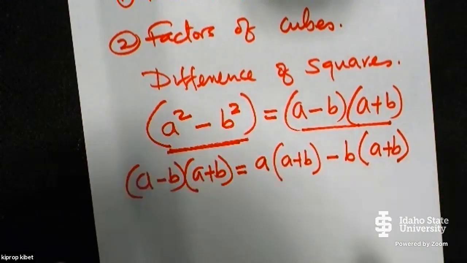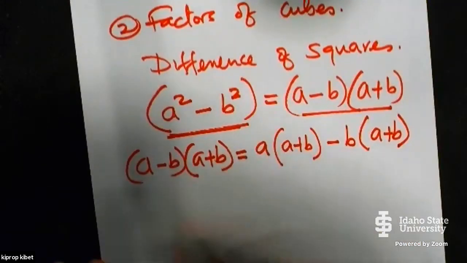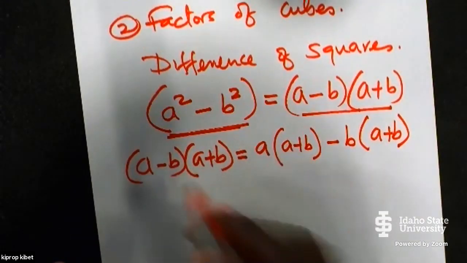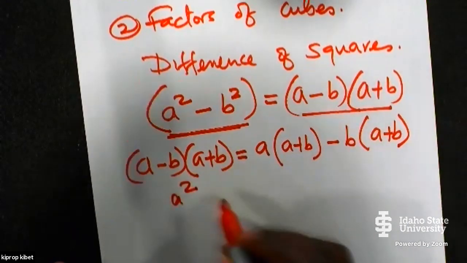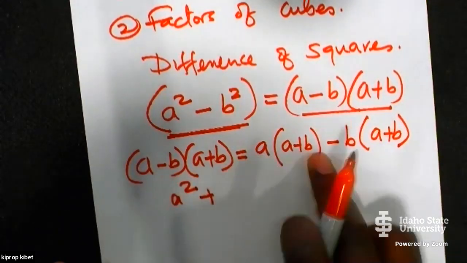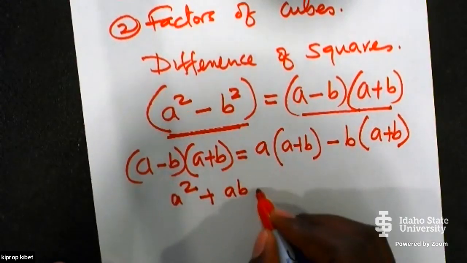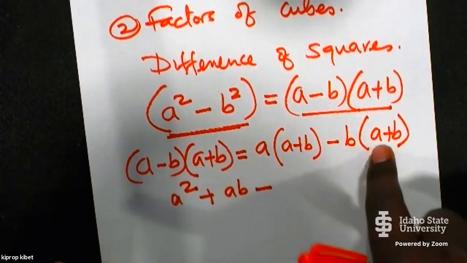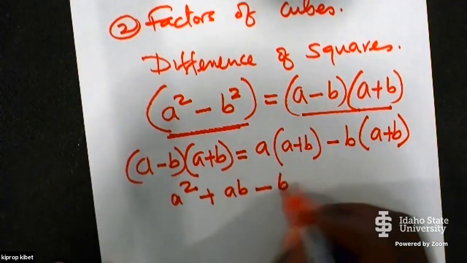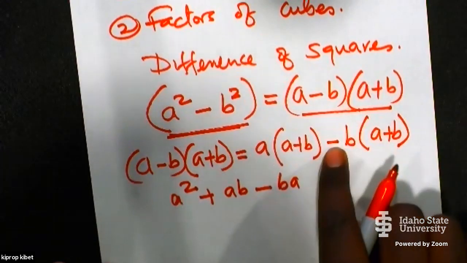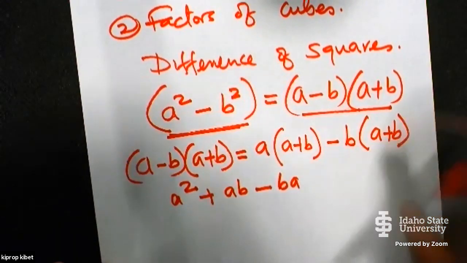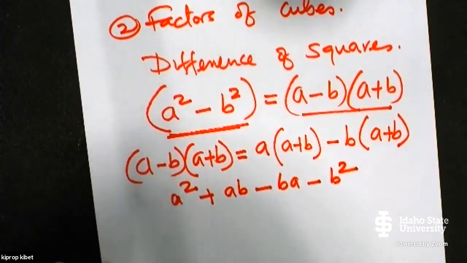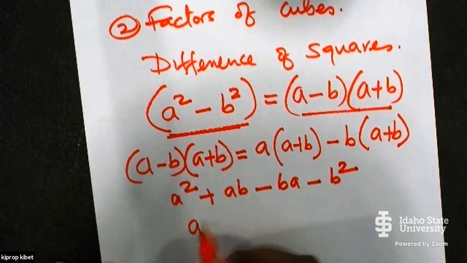When you open the brackets, a and a will be a squared, plus a and b will be ab, minus b and a will be minus ba, and then minus b times b will be minus b squared.